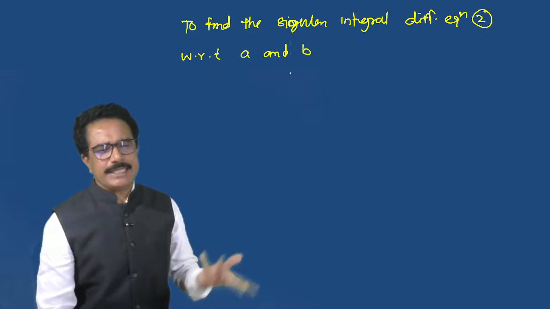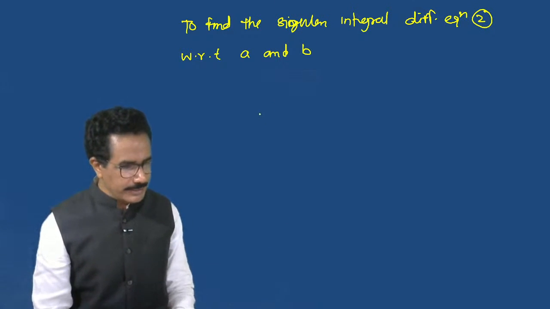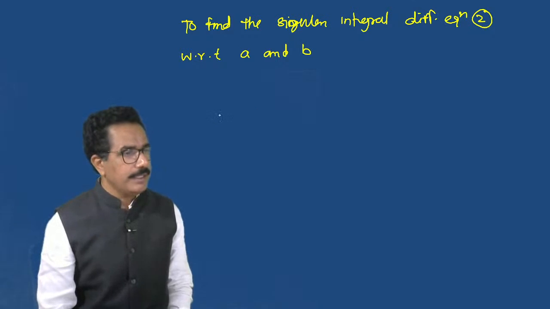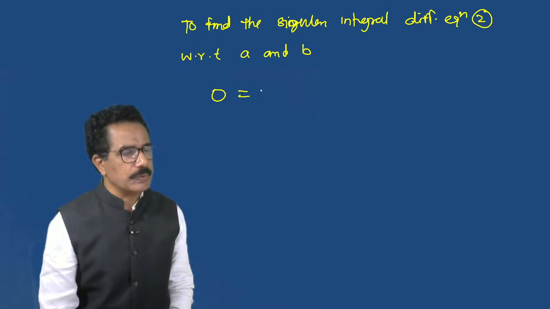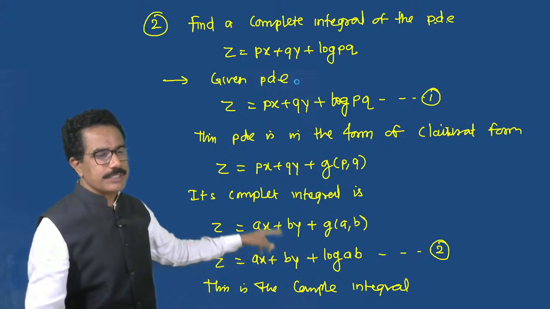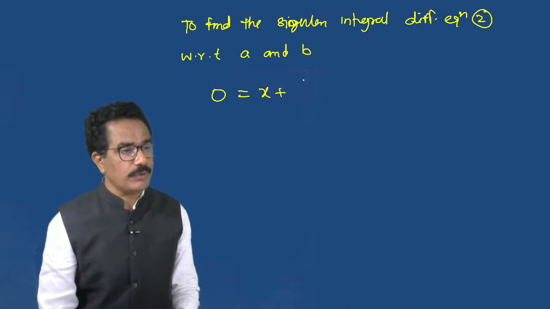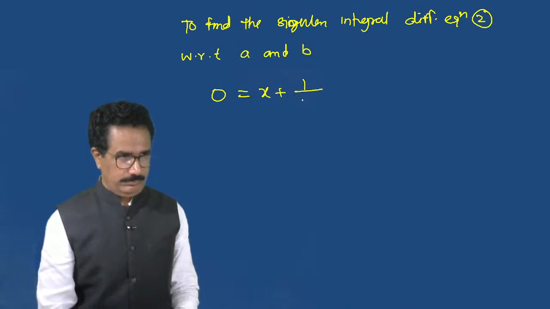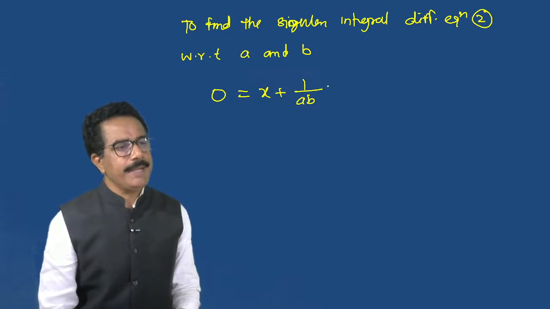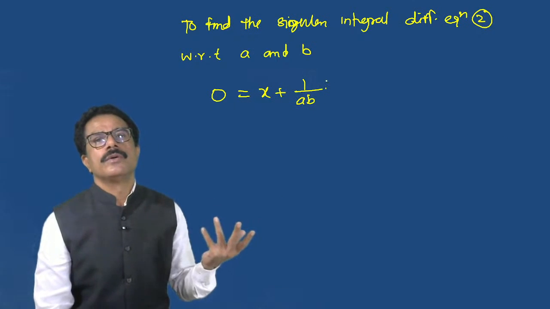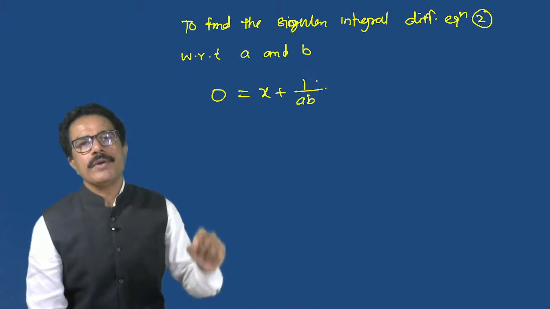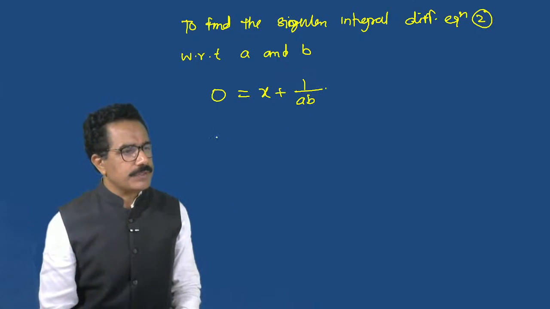Okay, so calculate this. We will get the solution. 0 equals x plus the derivative of log of ab, which is 1 upon ab into b.